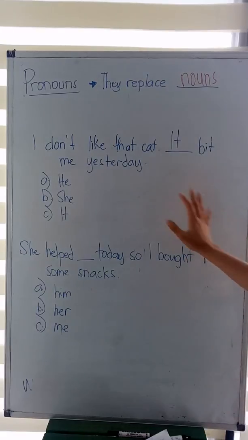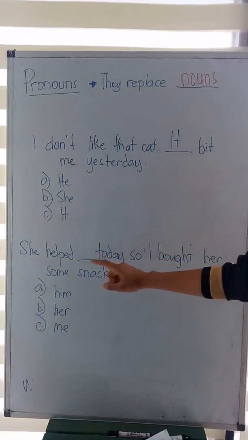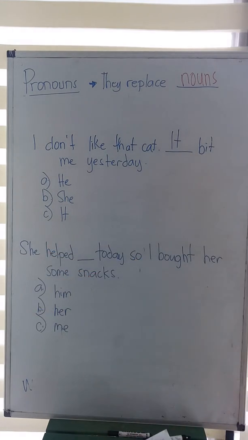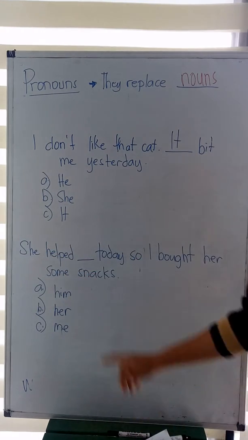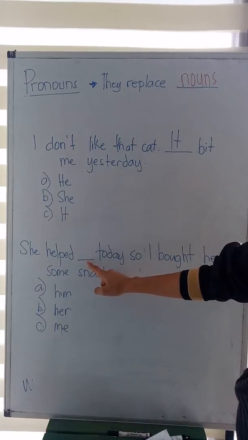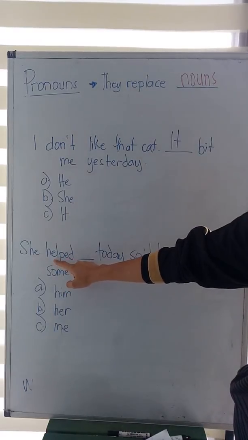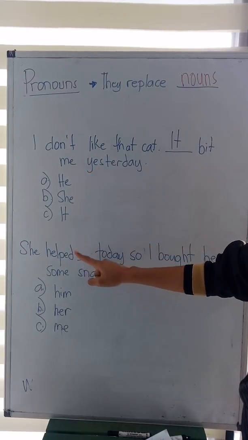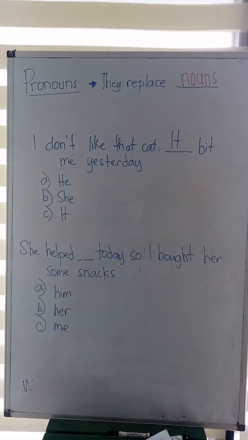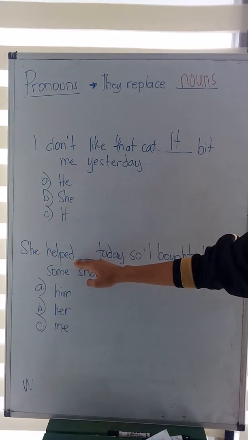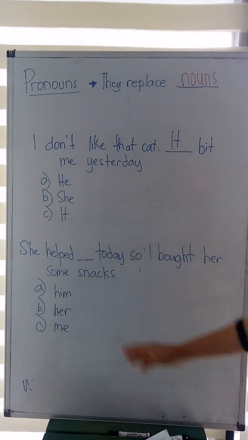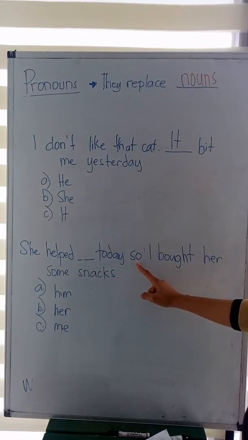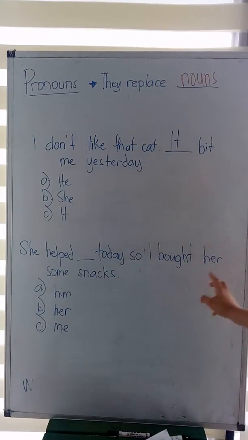Next example here, we have, she helped blank today, so I bought her some snacks. Now, she is our subject pronoun here. So it's asking for, what comes after the verb? It's asking for an object pronoun. So what object pronoun is appropriate here? Who do you think she helped? In the second part of the sentence after the conjunction so, it says I bought her some snacks.